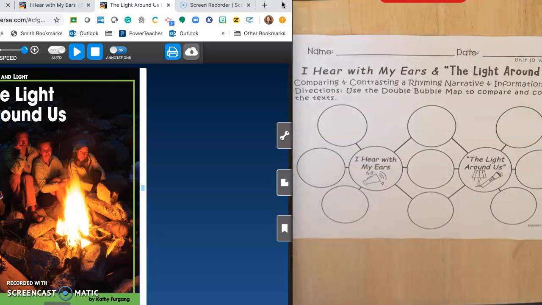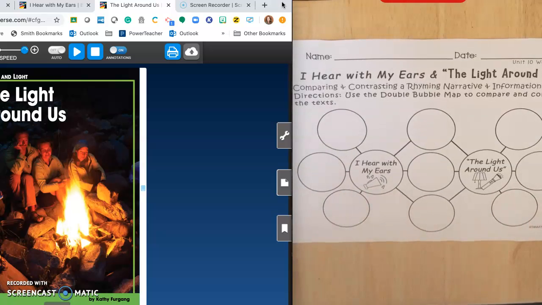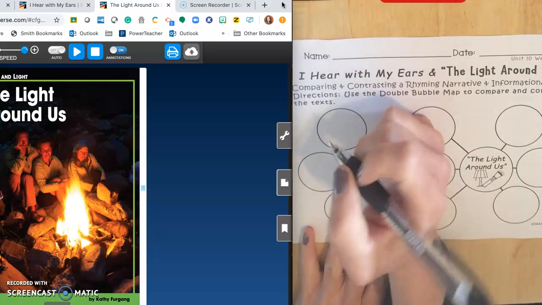Okay, the genres of these two texts were very different. I Hear with My Ears is a rhyming story, and The Light Around Us is an informational text. So let's add that to our double bubble map.